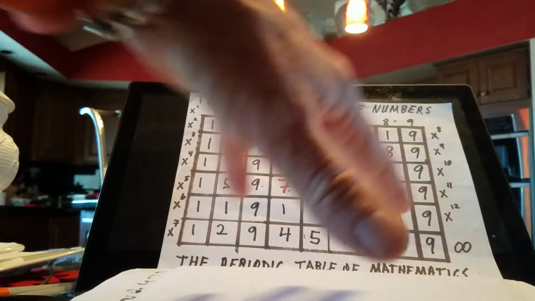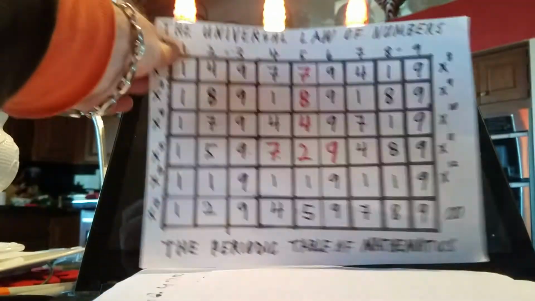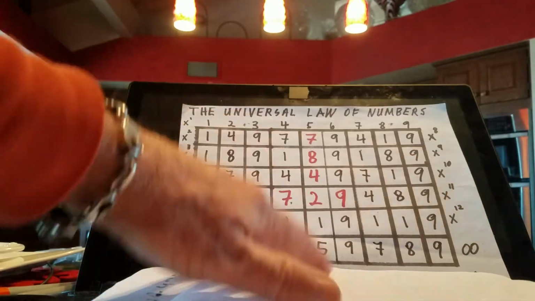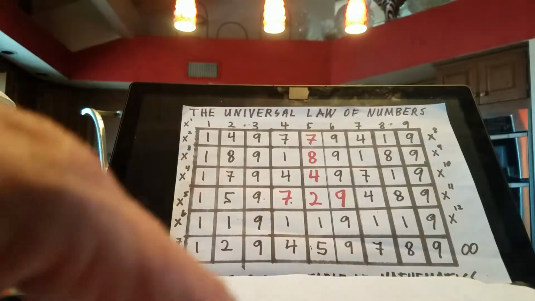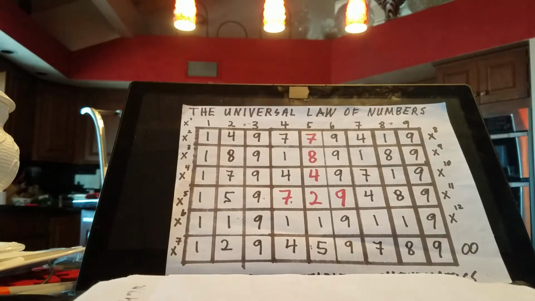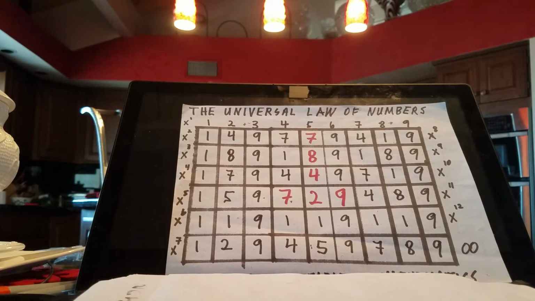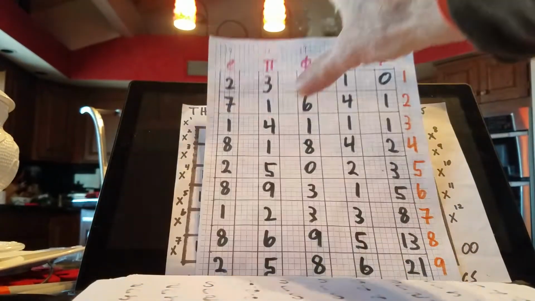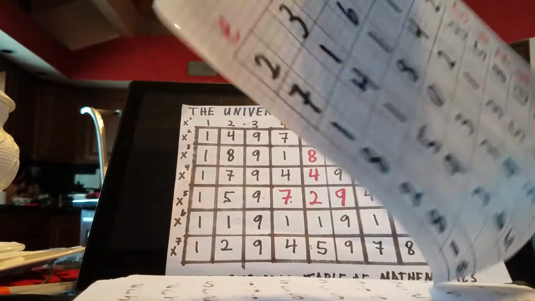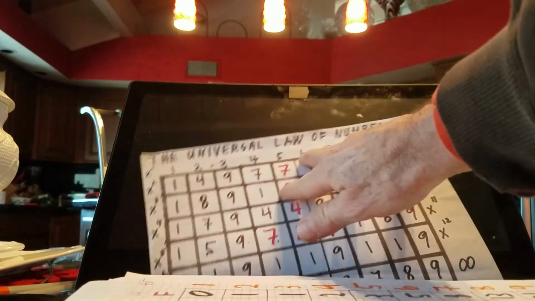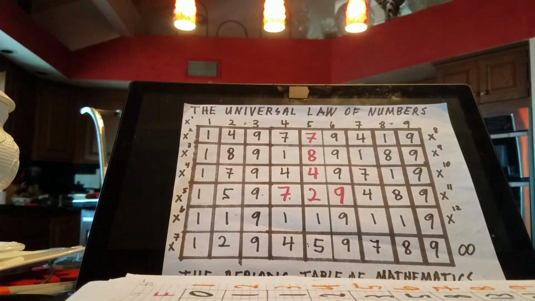These are the parents, or this one can be viewed as the parents, and they can be viewed as the children. It doesn't matter. Maybe some people don't like that language. It's okay. It's just a way to describe how these numbers belong inside of this system, which is the 369 code, otherwise known as the Universal Law of Numbers, Periodic Table of Mathematics.